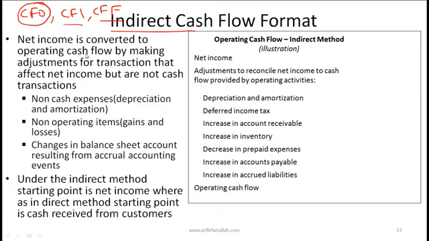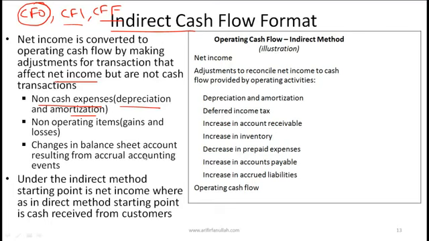And the steps are as follows. Net income is converted to operating cash flow by making adjustments for transactions that affect net income but are not cash transactions. And this would include any non-cash expenses such as depreciation and amortization, any non-operating items such as gains and losses, and any changes in balance sheet accounts resulting from accrual accounting.